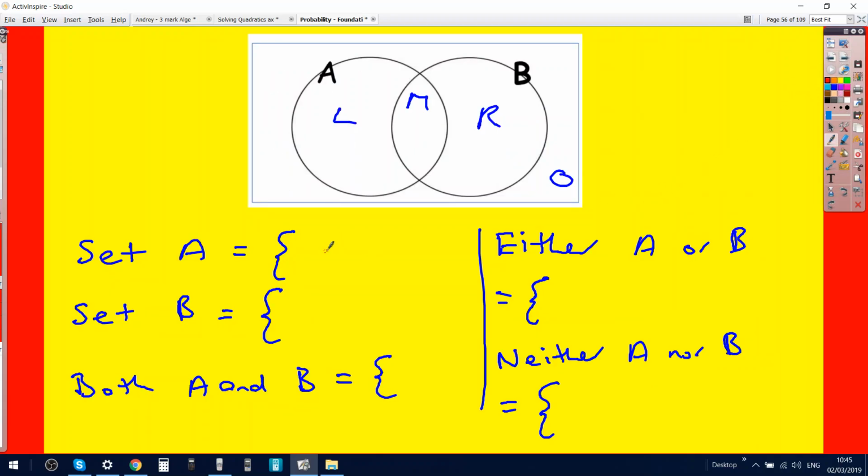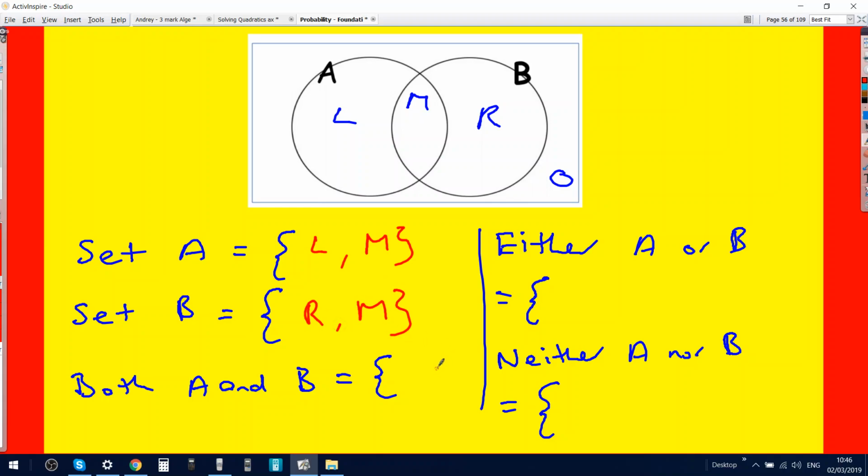Okay, what regions are in set A? A: L and M. B? R and M. Both A and B?